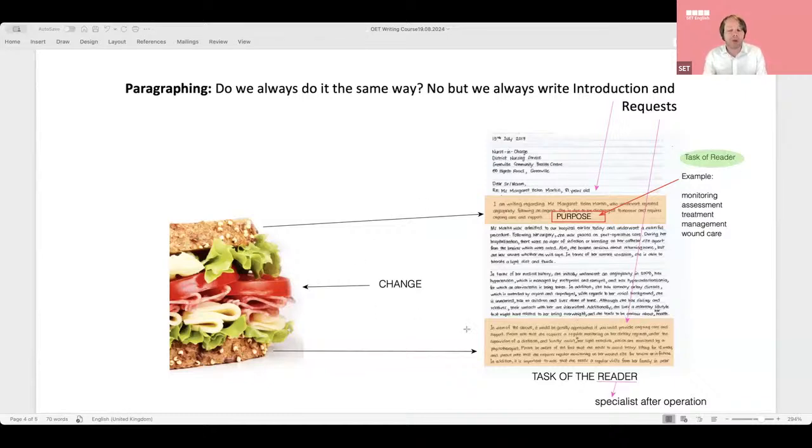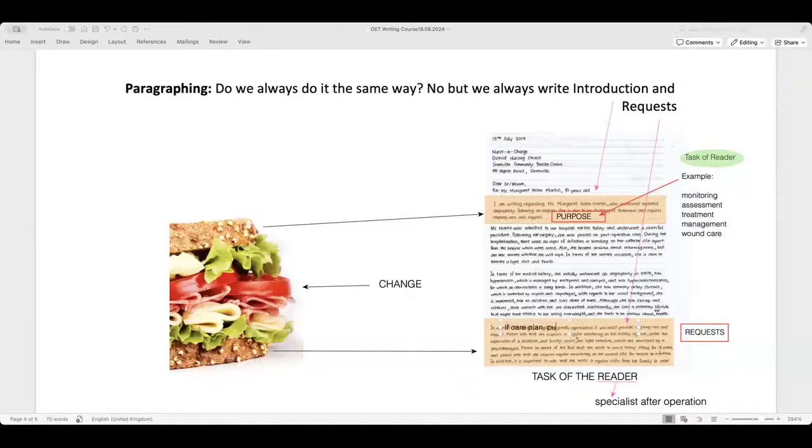Now, what about the request paragraph, guys? Is there anything that must be in the request paragraph? What must be in the requests? The care plan. If there is a care plan, any sort of care plan, yes. Definitely the care plan. Anything else, guys? What must be in your requests? The reader needs to do. Anything, right?